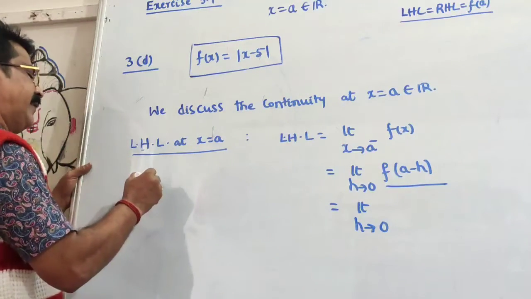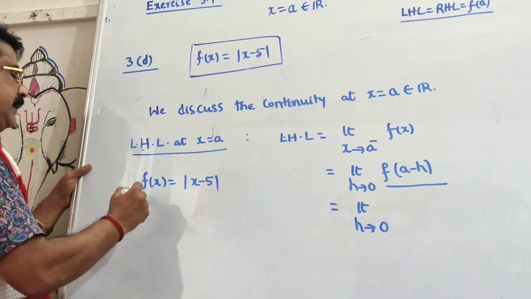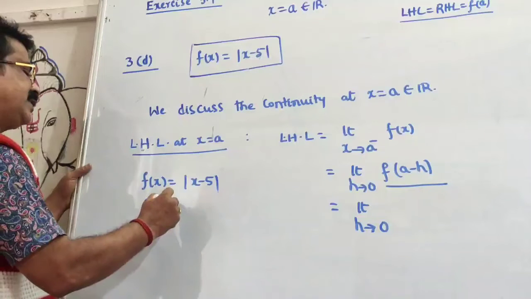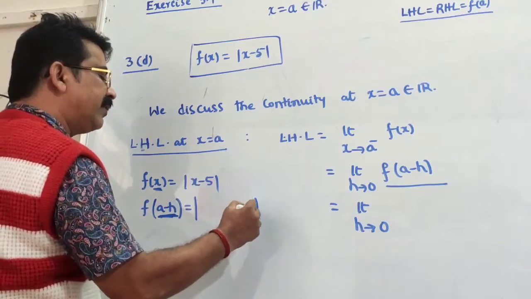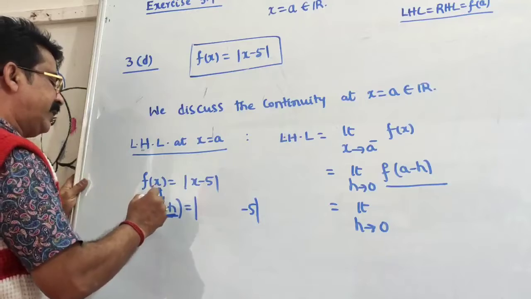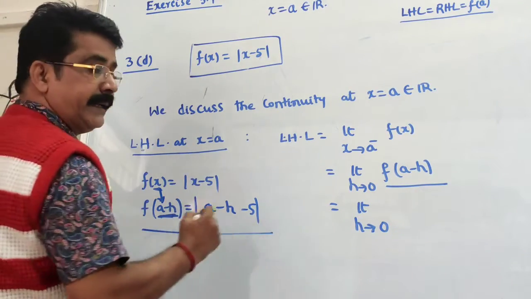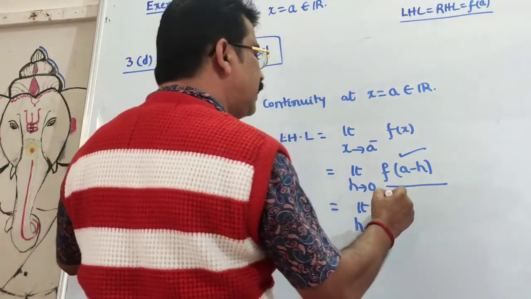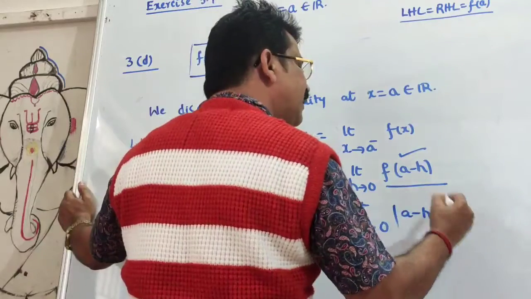Actually, rough work. f of x is modulus of x minus 5. Then f of a minus h means, instead of x, write a minus h. So f of a minus h equals modulus of a minus h minus 5.